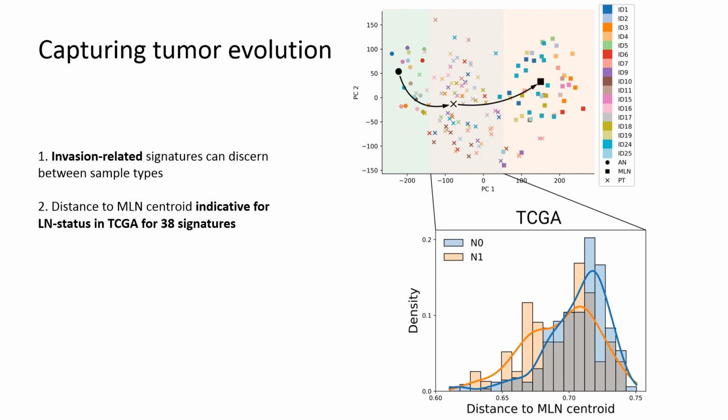And for instance, for the focal adhesion signature, we could show that indeed patients that have lymph node metastasis, their primary tumors are closer to the centroid defined on our in-house cohort, which is shown in this figure. And this turns out to be actually significant, and is significant for 38 different signatures.